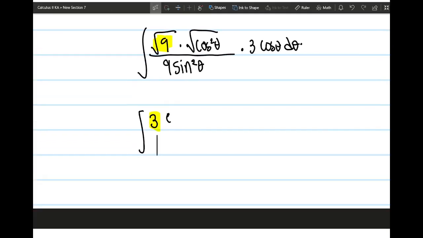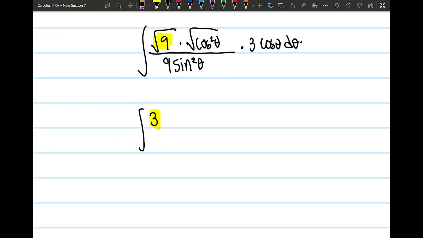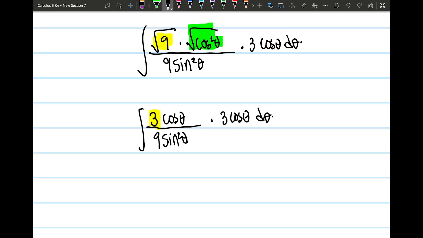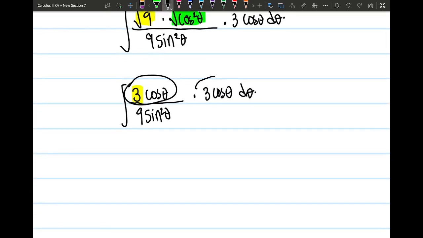So let's go back. We're going to put this whole thing as just cosine theta over 9 sine squared theta times 3 cosine theta d theta. So now we're just going to multiply these two things on top here.